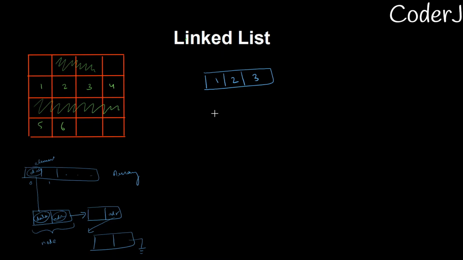What will you do? Let's say this array was of size n, but as of now it's of size 3, but still let's say n. You'll need to create an array of size n plus 1. Let's say I want to insert 4 in between. So now you have n plus 1, which means you have 4 spaces here, and you can copy 1 here, put 4 here, and then 2 here and 3 here.